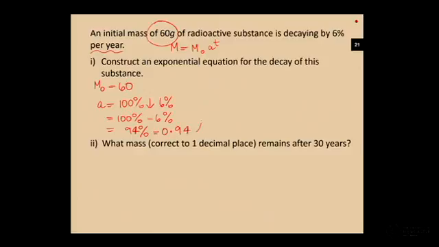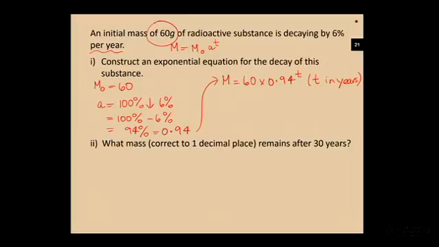So my equation could be, and don't stress if you use a different letter, M equals 60 times 0.94 to the power of T, and I'll remind myself that T is in years, because the decay was given as 6% per year.